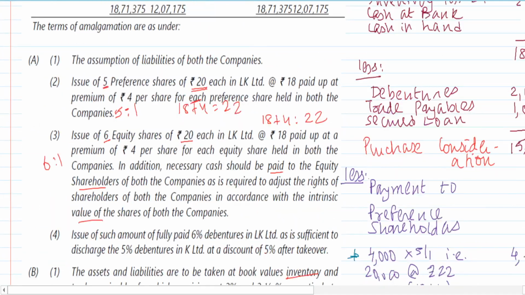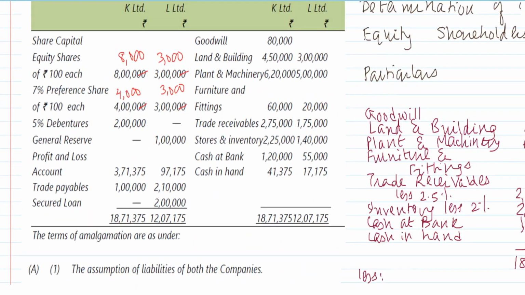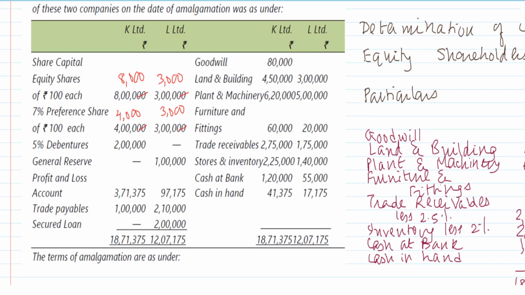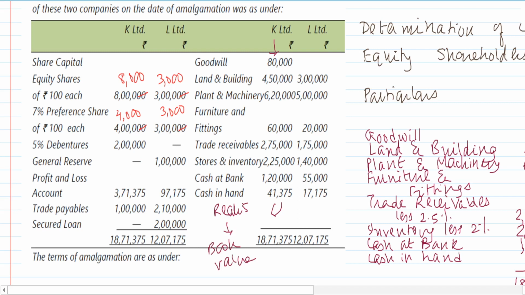We know the very first thing that we will do is in K Limited, whatever assets are there, all these assets will be transferred to realization. And remember one thing, whenever you are recording the accounting entry in the books of the selling company, it has to be compulsory at book value.